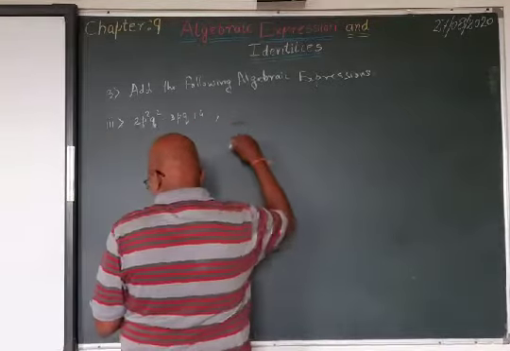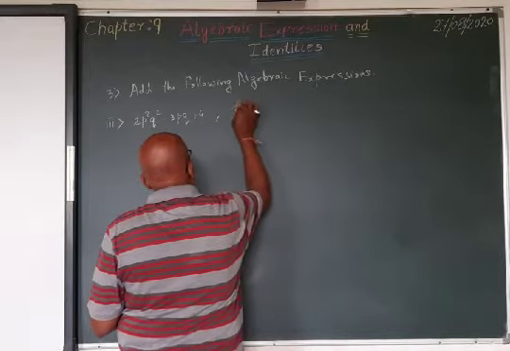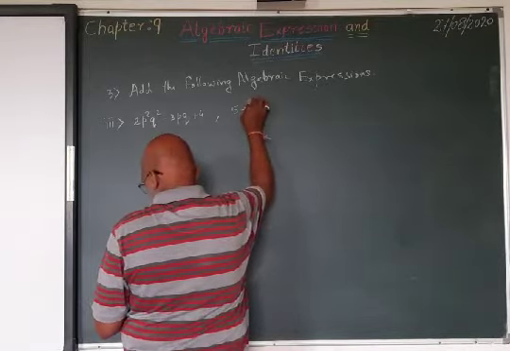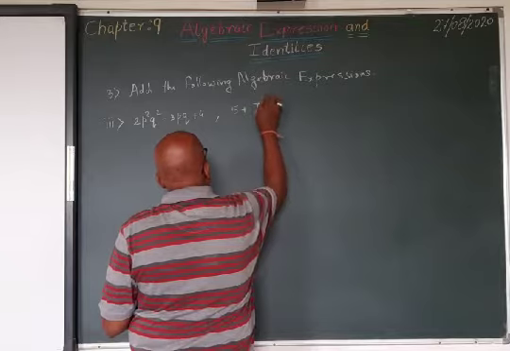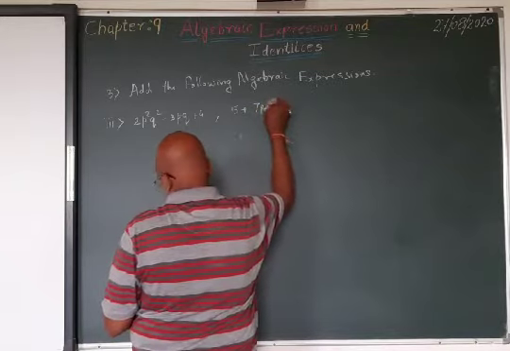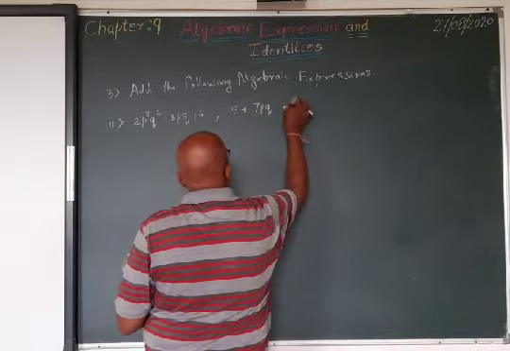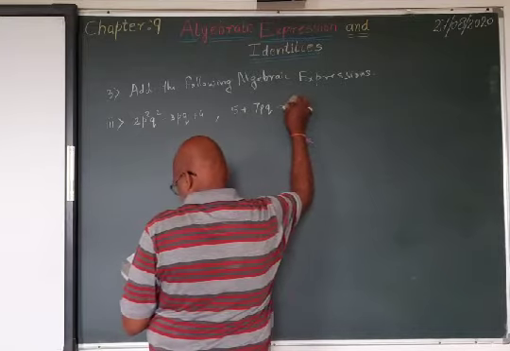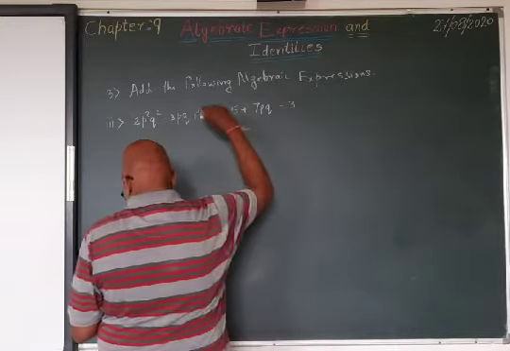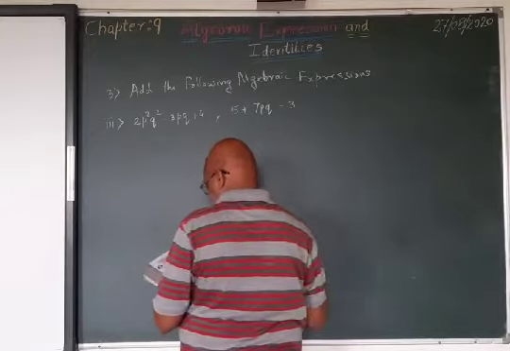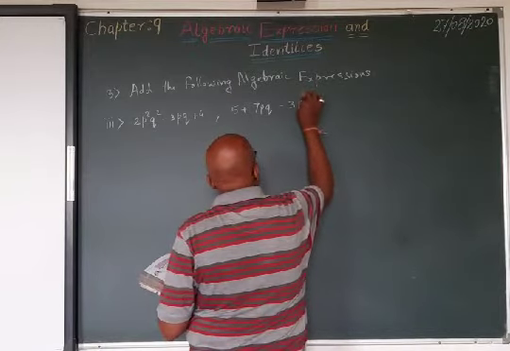The second expression is 5 plus 7pq minus 3p square q square.